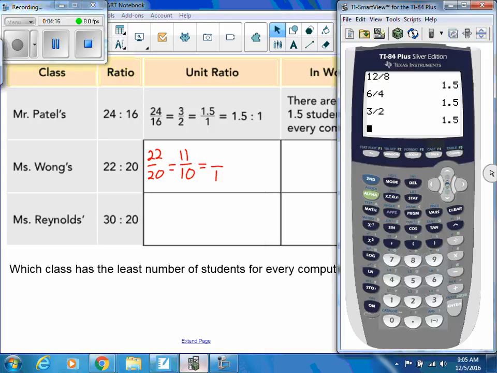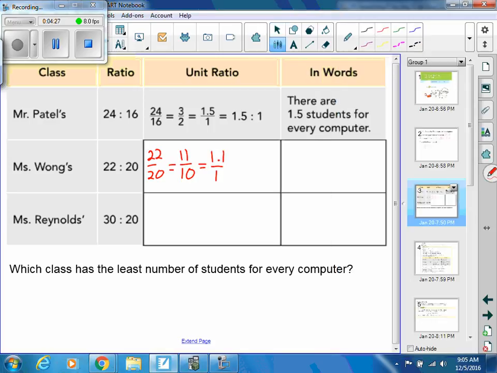So if I go to my calculator and take 11 divided by 10, 1.1 is my unit ratio. So it would be 1.1 to 1. Now what does that mean? It means there are 1.1 students for every computer.